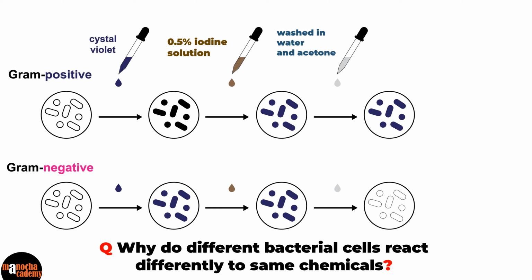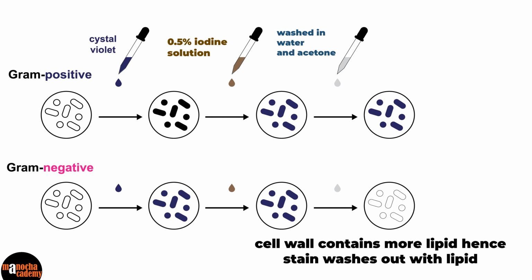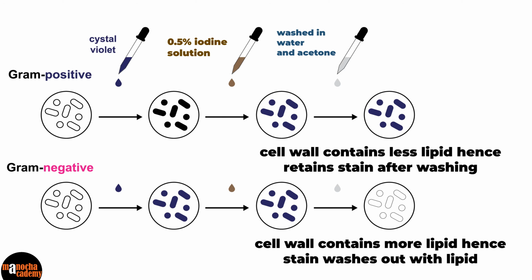Now, what is the reason behind this differential reaction towards the same chemical? The reason lies in the bacterial cell itself. Some of the bacterial cells have a very high lipid content in their cell wall and some don't. Now this cell wall is responsible for taking up the blue color.